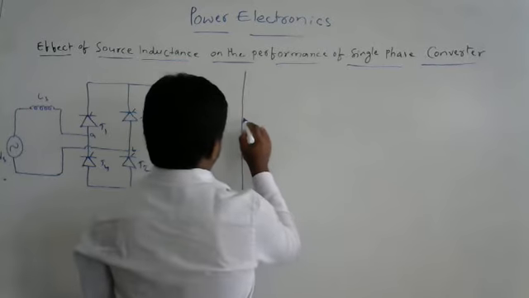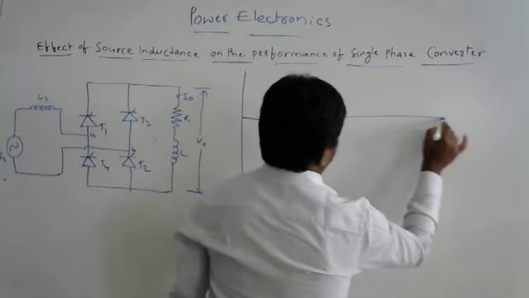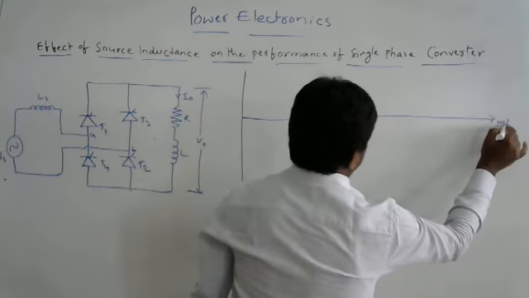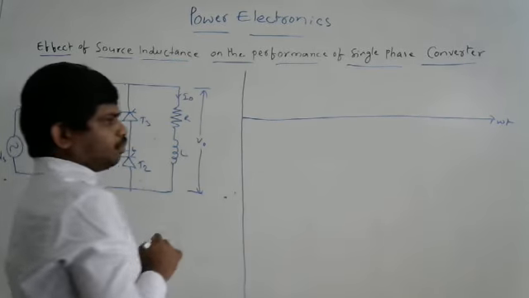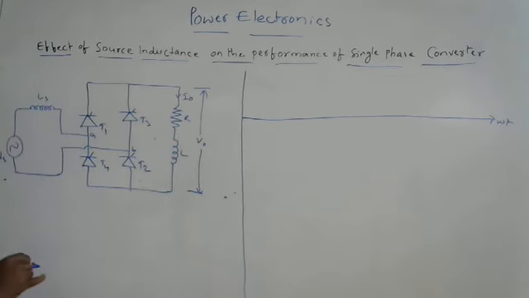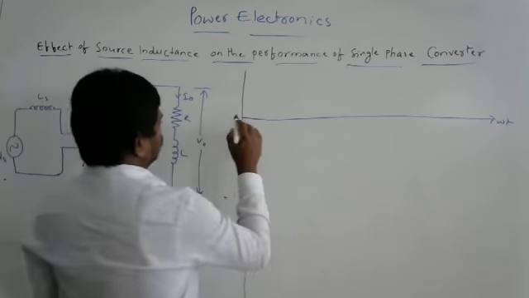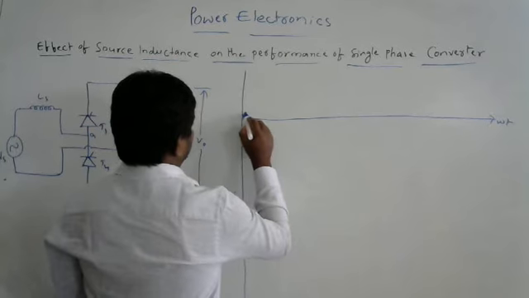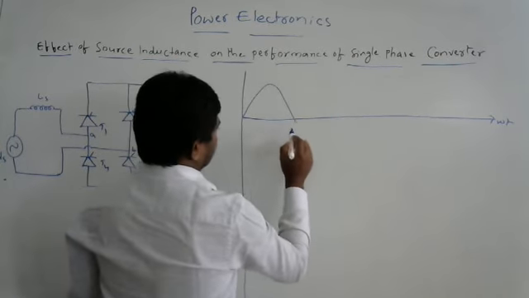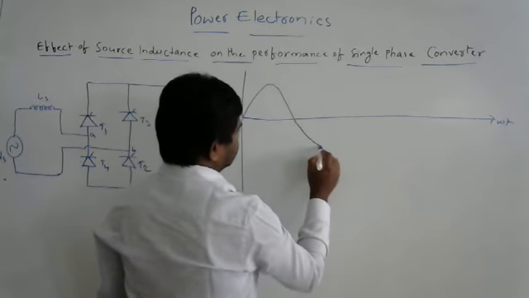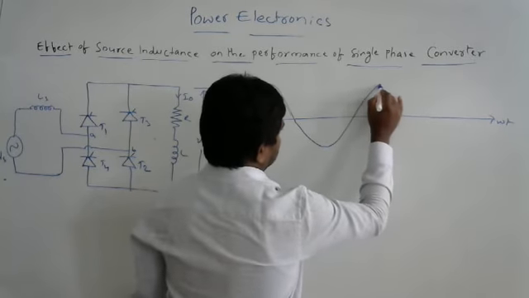For every configuration in power electronics, we should take input voltage, output voltage, and output current at minimum. These three are the minimum waveforms we have to take into consideration. Draw the input voltage supply. I am taking 2 cycles like this.